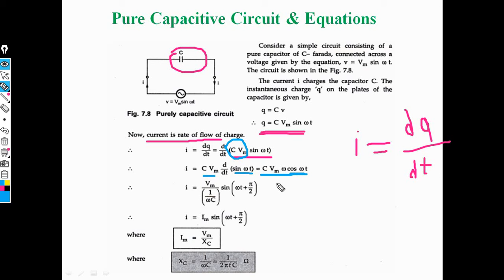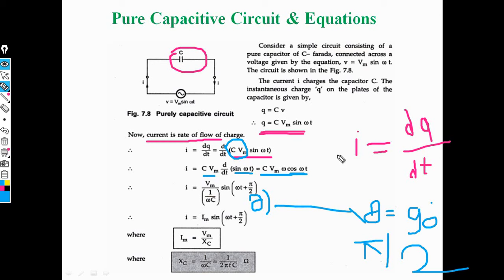Then we take omega and C into the denominator, giving Vm upon 1 upon omega C. Here we consider the angle theta as 90 degrees, that is pi by 2.